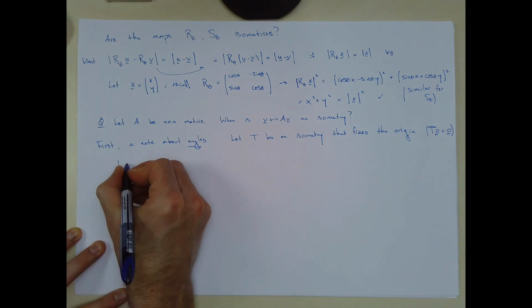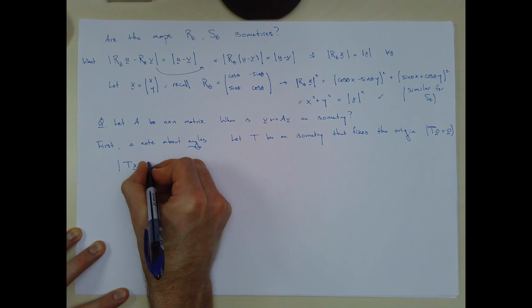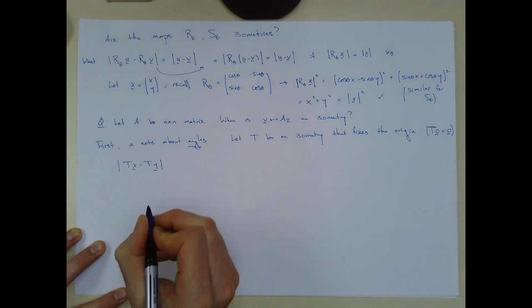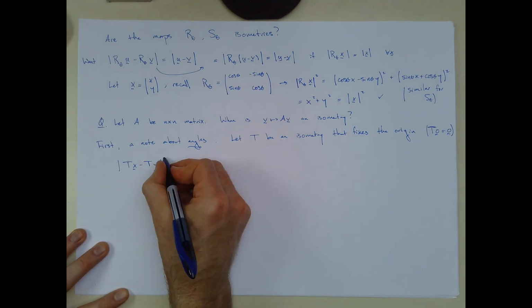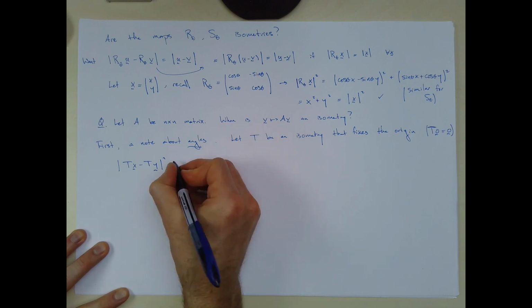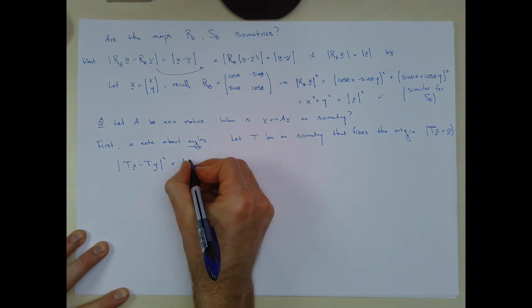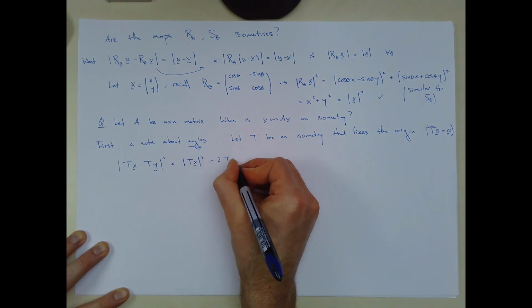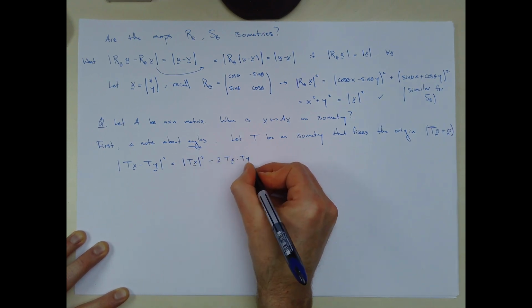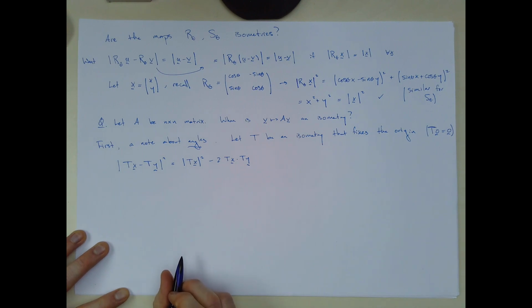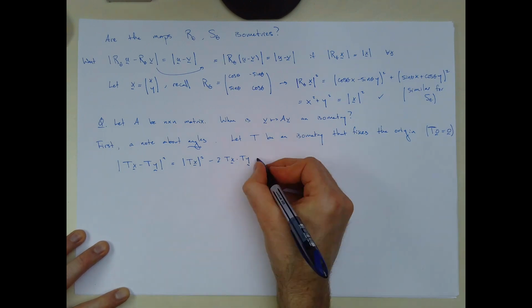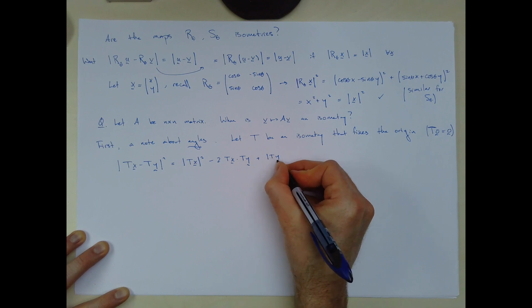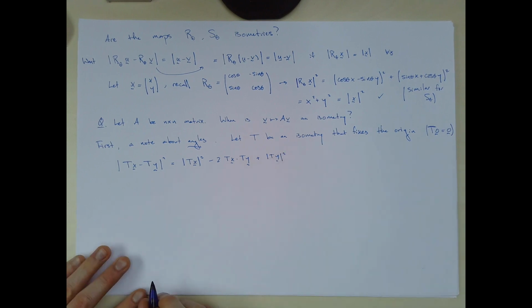So to see that, we consider the magnitude of Tx minus Ty, squared. We can expand that as magnitude Tx squared minus 2 times the dot product of Tx and Ty plus magnitude of Ty squared.